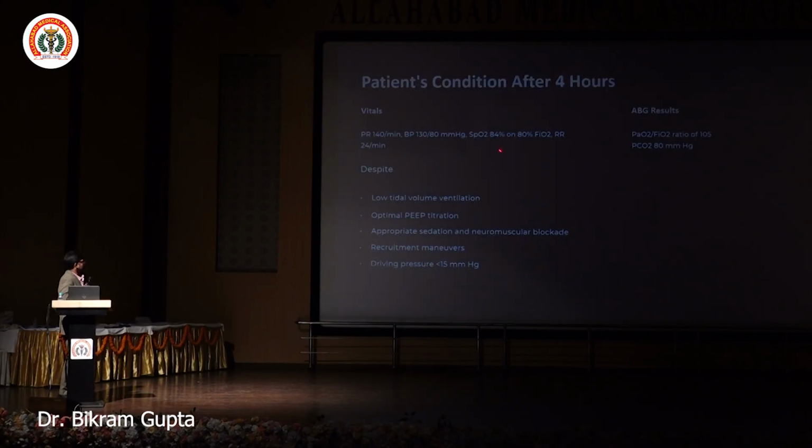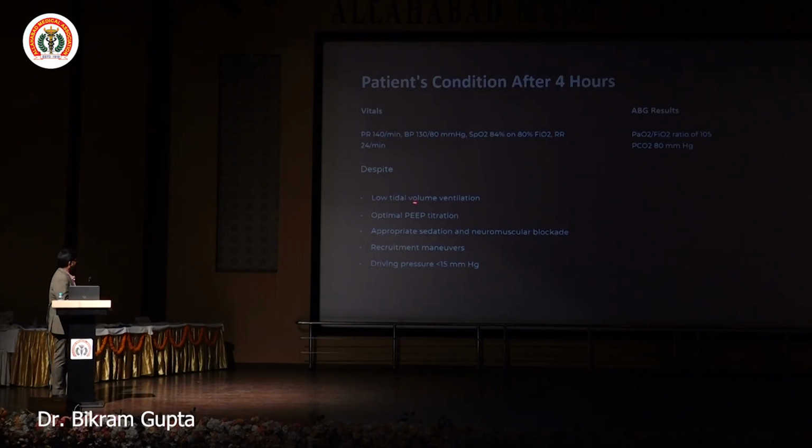Now after these ventilator settings, again see the vitals of the patient. Now the pulse rate is 140, BP is 130/80, SpO2 is now 84% only on 80% FiO2, and respiratory rate is 24 per minute. ABG showing the PF ratio of 105 with the PCO2 of 80.